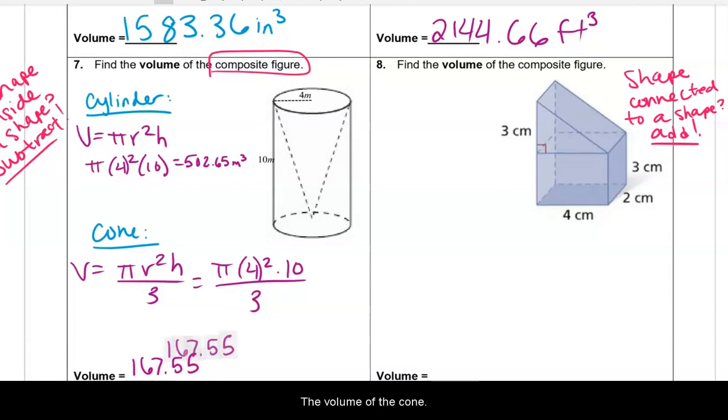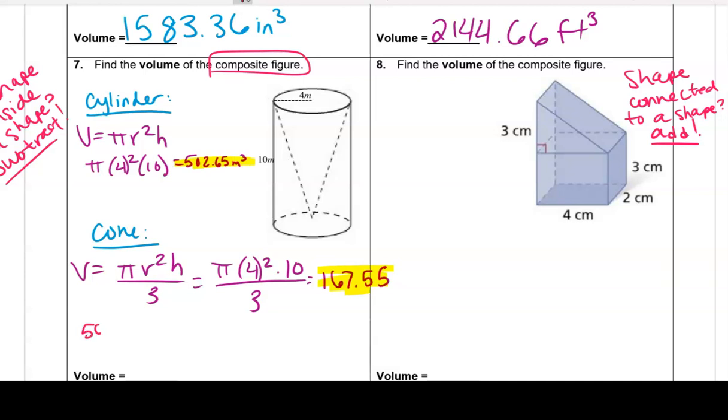The volume of the cone is that amount, but that is not the total volume. So now we're going to take our first number and subtract the cone. So 502.65 minus 167.55 gives us 335.1 meters cubed.